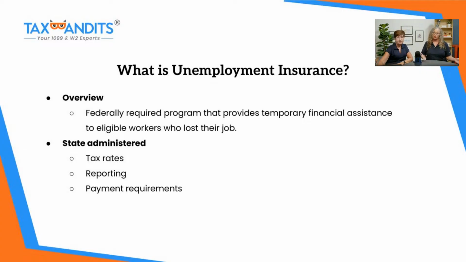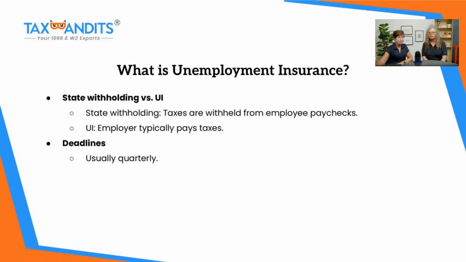If you want more information on that, you can go to your state's website. So state withholding versus unemployment insurance: with state withholding, the taxes are withheld from the employee. With unemployment insurance, the employer typically pays it. The deadlines for these are usually quarterly.